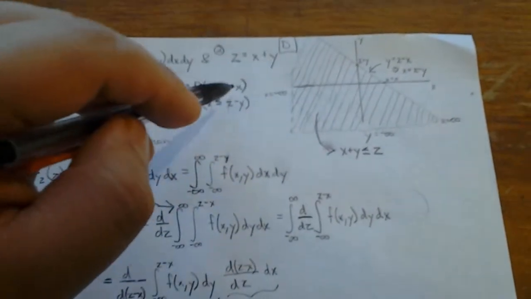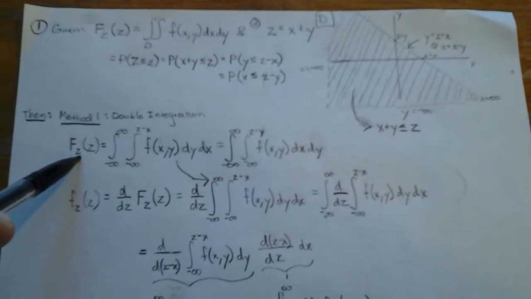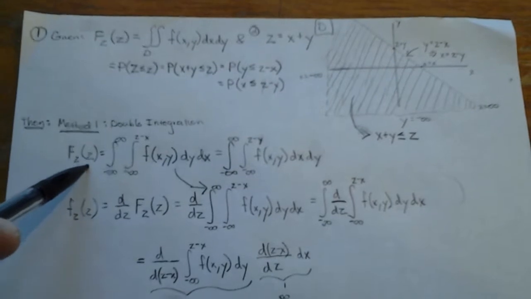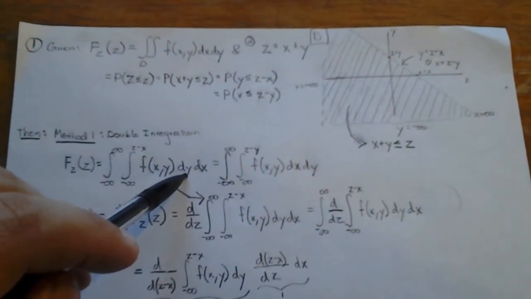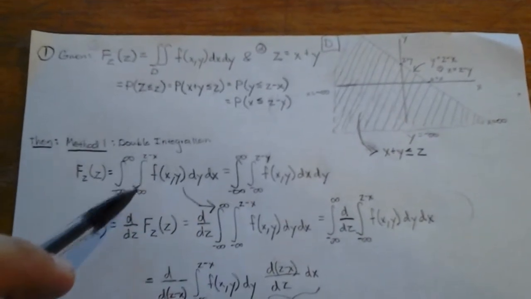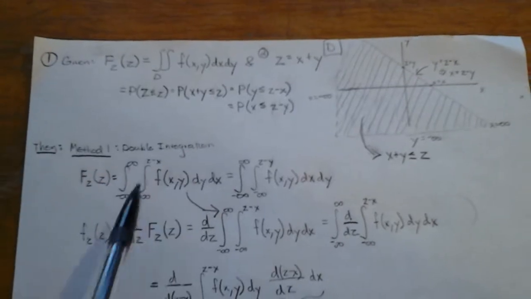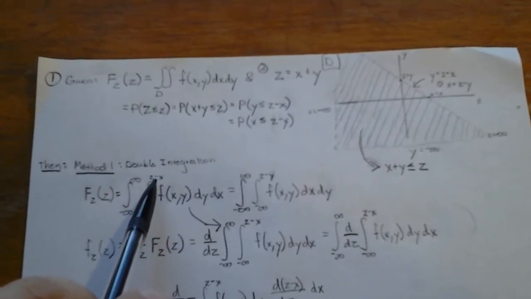Anyway, when we actually do our integration right here, first we have this term right here. As you can see, we can rearrange things. We can define it several ways, okay? We can define our distribution, our big F of z in terms of z by first defining it on the y-axis, okay, in y parameter right here. And by doing so, we can see that we're evaluating from negative infinity to the z minus x plane.